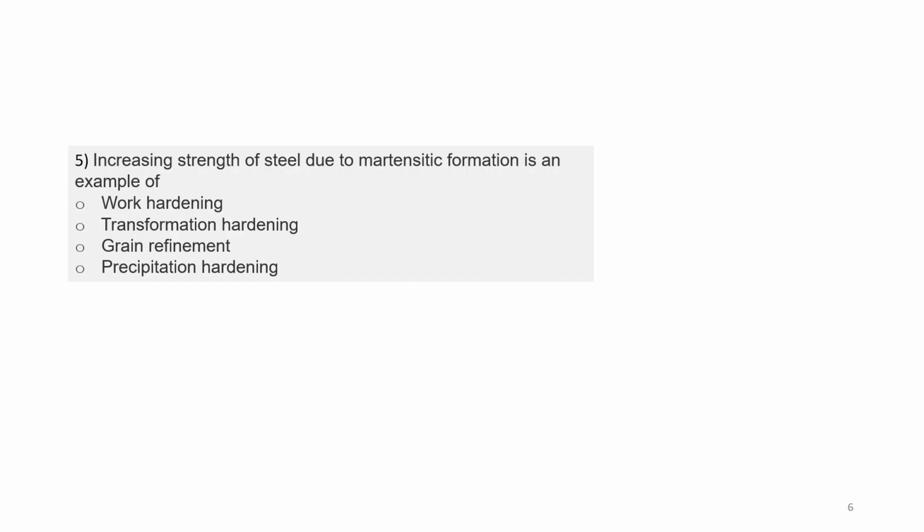As soon as you study strength of steel and martensitic transformation, you should know that it is related to transformation hardening, because your phase is transforming from austenite to martensite. I should have put the iron carbon phase diagram here as well for better understanding.